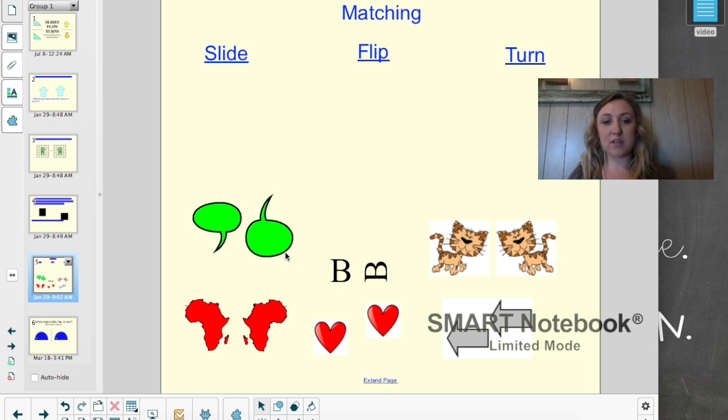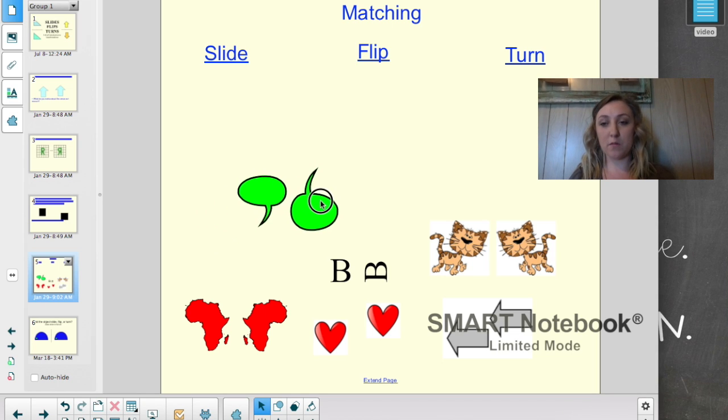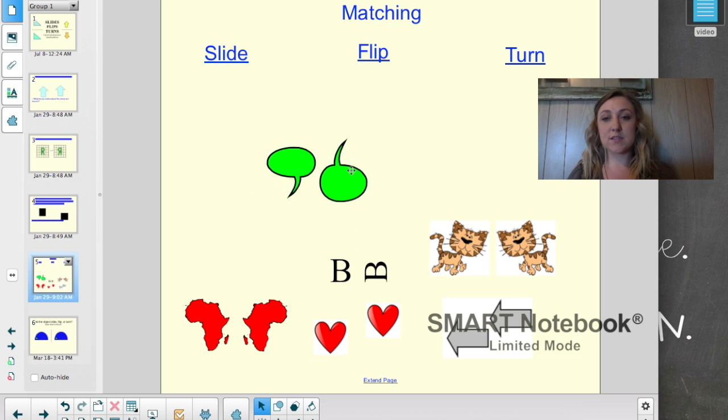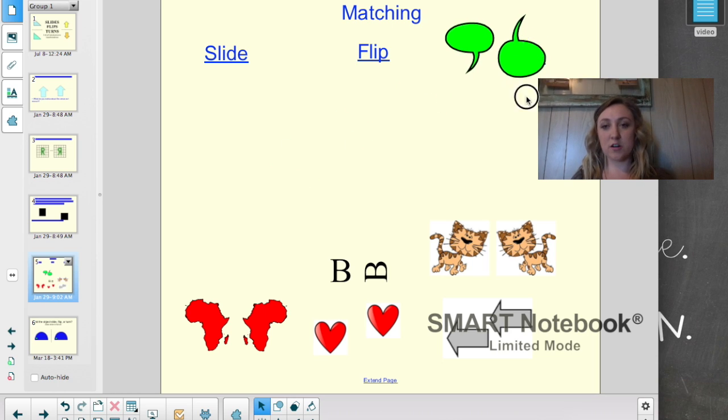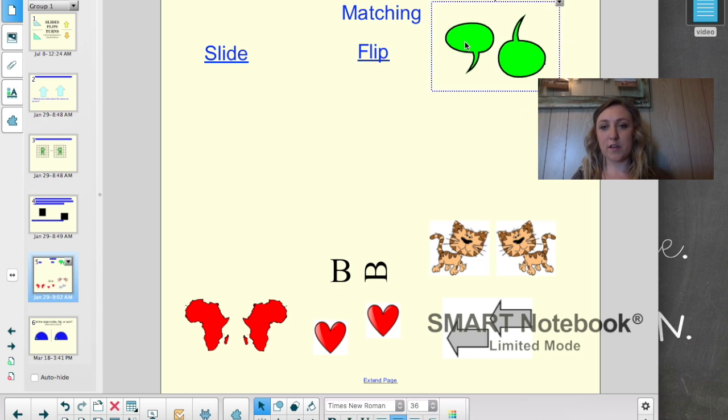So let's do one together. Let's do these little quote bubbles. These are little talking bubbles. What do we think? Do we think this is a slide, a flip, or a turn? What do you think? I think it's a turn. So we're going to put it, oops, right over here.